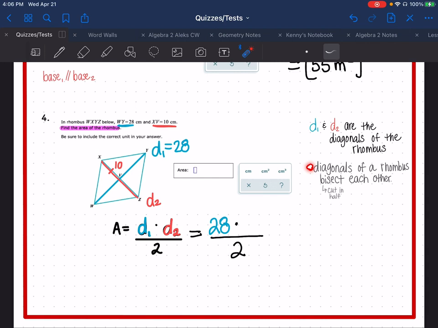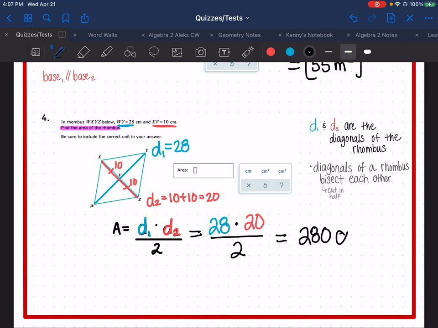So if they only give you half, the other half is exactly the same, and your diagonal 2 is going to be 10 plus 10, or 20. All right, so what's going in the calculator? 28 times 20 divided by 2, which gives me an answer of 280 centimeters squared. Always squared for the area. Don't pick the cubic.